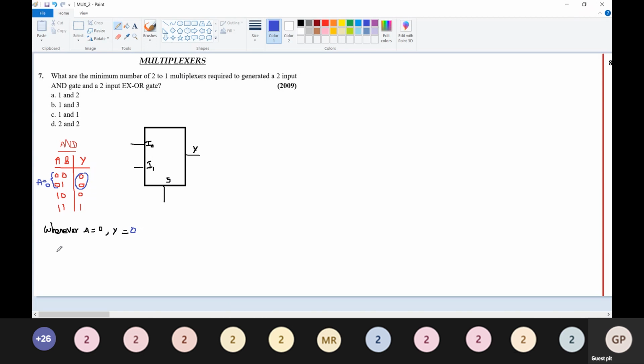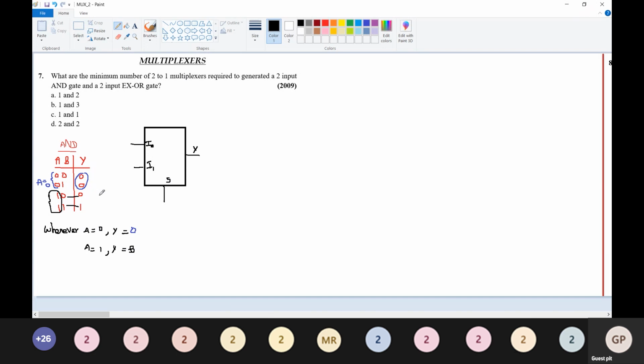Similarly, whenever A is equal to 1, what is your Y? Here it is 0 when B is 0, and 1 when B is 1. So Y is equal to B. So this is the condition.